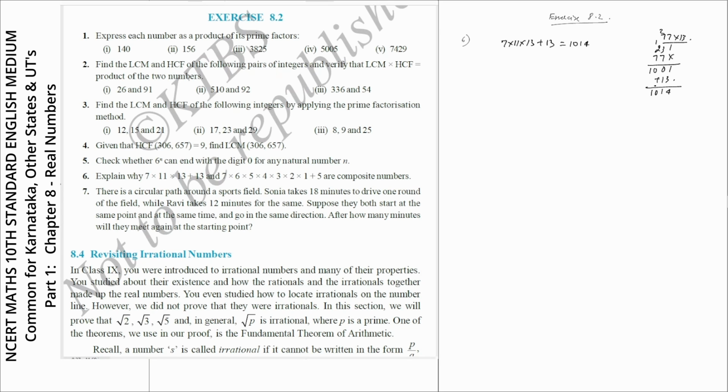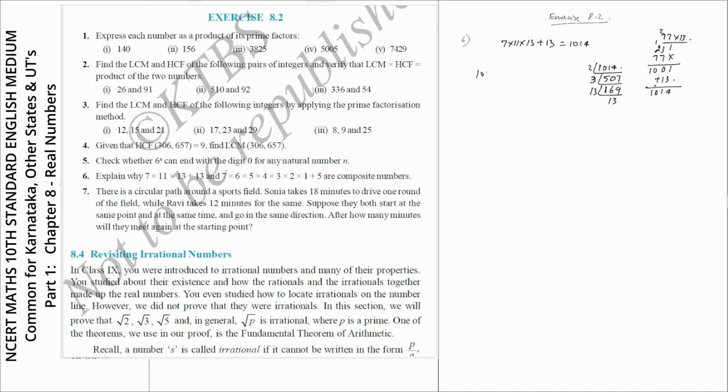Now if we take the factors of 1014, this is an even number, easily divisible by 2. 2 5s are 10. Then 1 is not divisible, I'll put 0. Then 2 7s are 14. It's not divisible by 2 again. We'll try 3. 3 1s are 3. Then 2 is remaining. Then 3 6s are 18. Then 2 is remaining. Then 3 9s are 27. Now 169 is divisible by 13 only. 13 into 13 is 169.